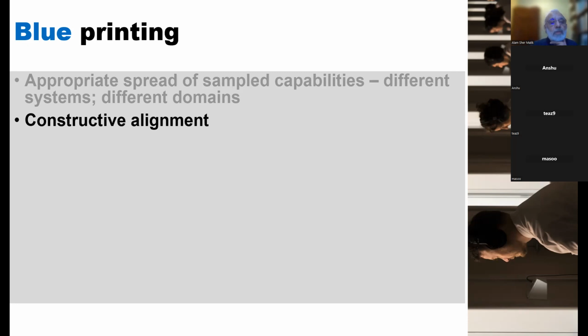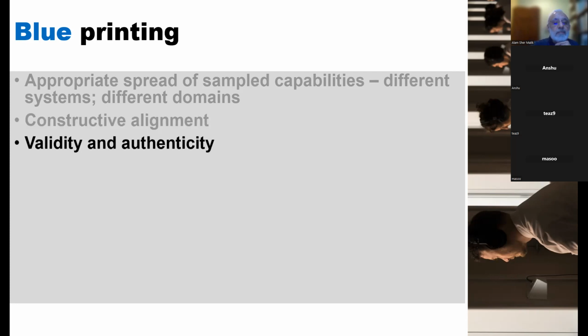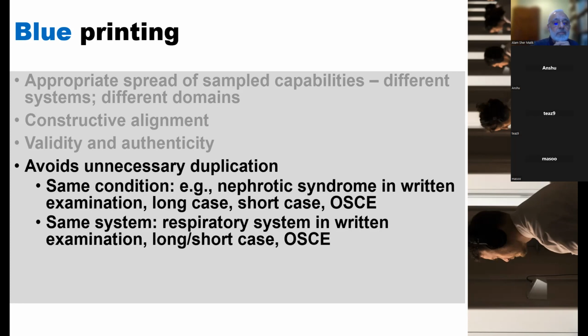If we do the blueprinting right, it leads to constructive alignment. It improves the validity and authenticity, and it avoids unnecessary duplication. If we are not careful, we might be asking the same questions again and again. For example, nephrotic syndrome in the written examination as long case, as short case, as well as in OSCE.